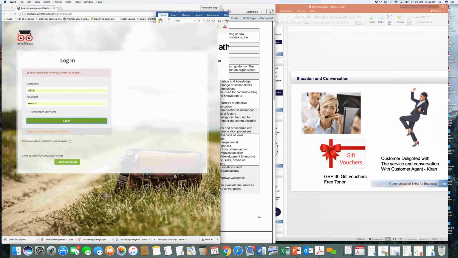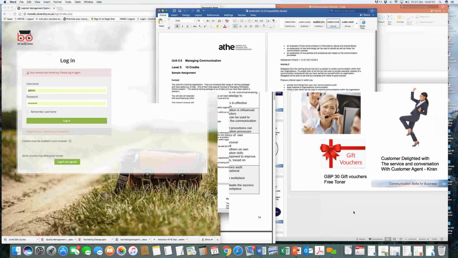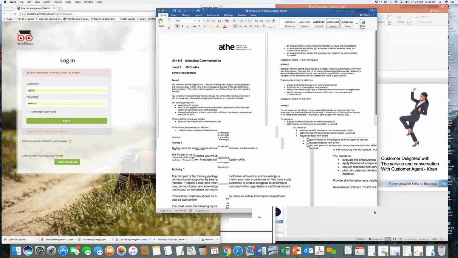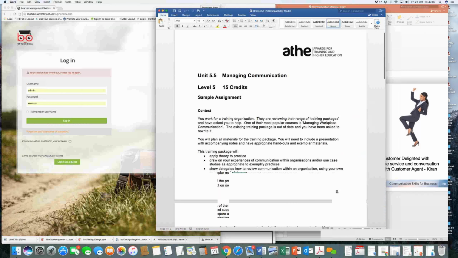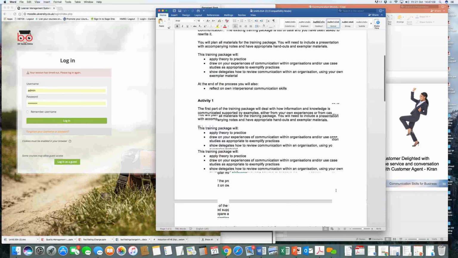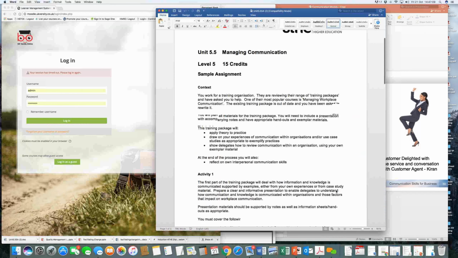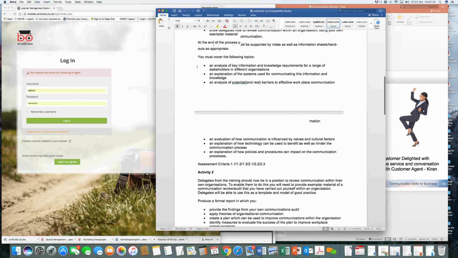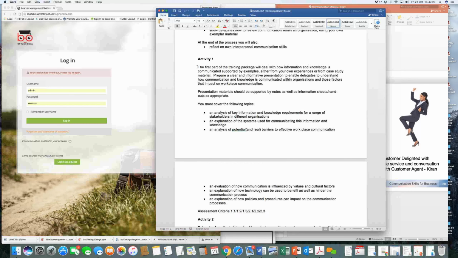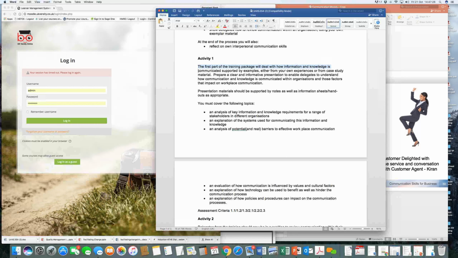Right. Okay. So if I just very briefly look at this, this is the assignment brief for the managing communication unit. If I look at task 1.1, they've given a particular scenario of a training package wherein you are trying to disseminate information and knowledge to your colleagues within the organization.